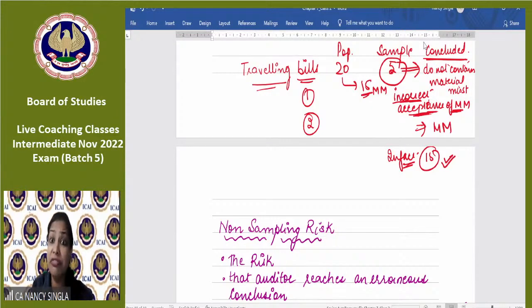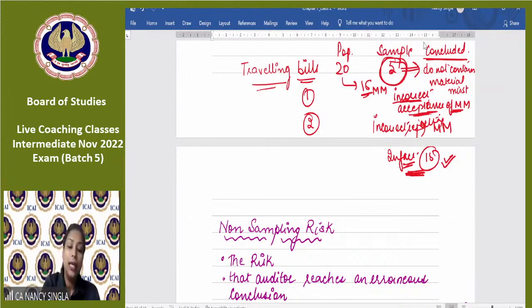But since auditor feels that he has concluded that there is a material misstatement in these 5, he will draw an overall conclusion that all the 20 have material misstatement. And what is the fact? That the remaining 15 are not having material misstatement. So what he is doing, he is incorrectly rejecting the financial statements. Is it clear?